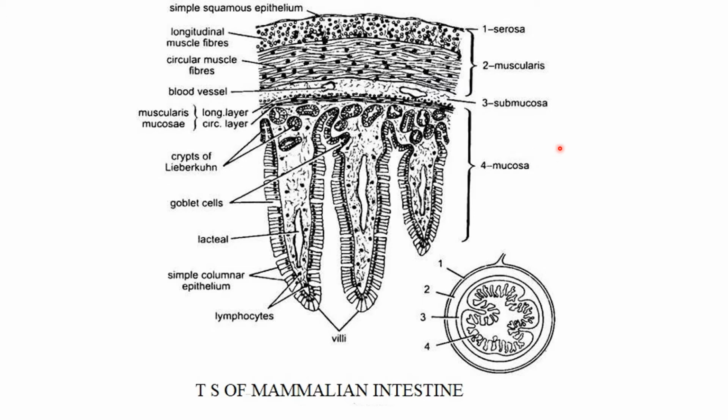So irrespective of the position in the alimentary canal, these four histological structures remain the same.